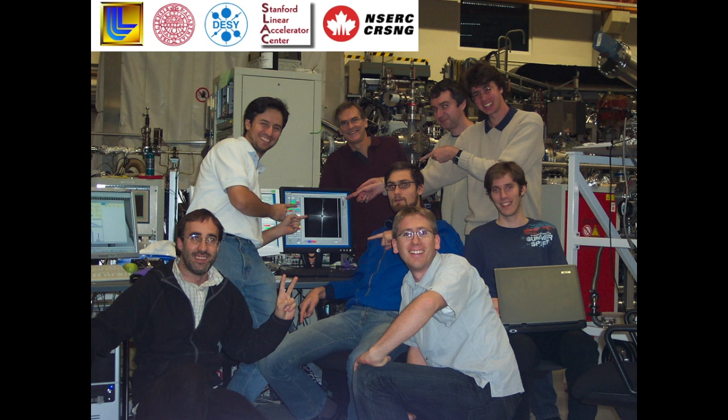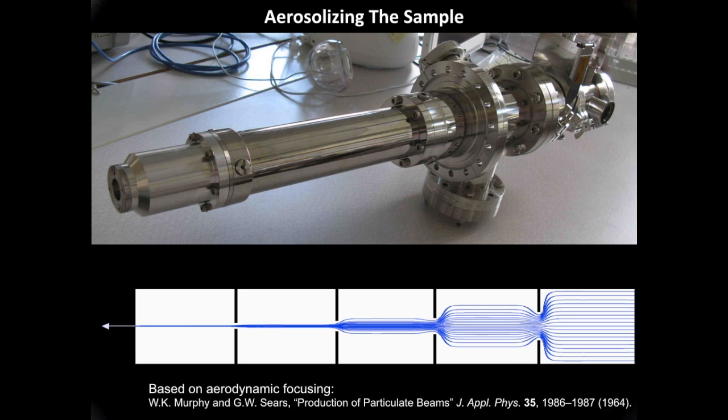The aerosol injector starts with small droplets of the sample you want, and then the sample dries as it goes through this lens stack, which is basically a series of holes which act to focus your sample into a particular spot, which hopefully is the spot where it intersects the X-ray laser. So you put your sample through this, and you should end up with a beam of particles, and then you try to intersect the beam of particles with your X-ray.